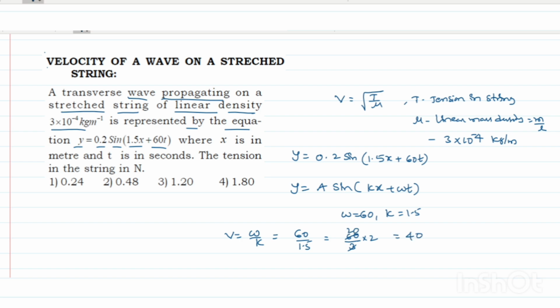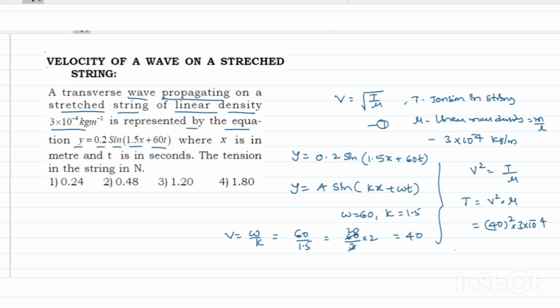Now you just substitute this velocity value in the first equation. So v square equals T by mu, you just square on both sides. We need to calculate the T value. T equals v square into mu. The velocity we calculated as 40, whole square, into the mu value, 3 into 10 power minus 4.